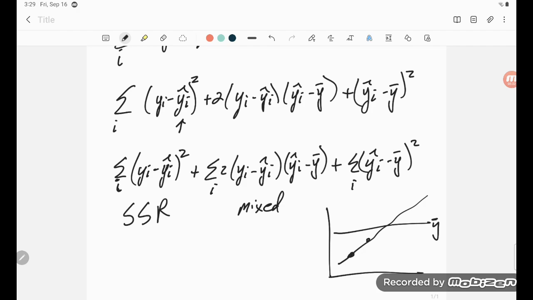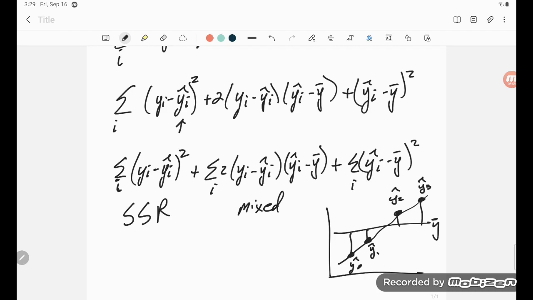And here are our yi hats. So here's y0 hat, y1 hat, y2 hat, y3 hat. And so we're just looking at these distances squared.